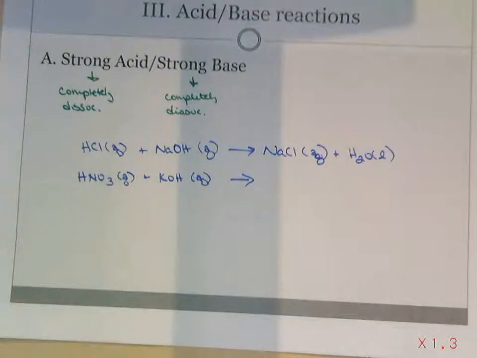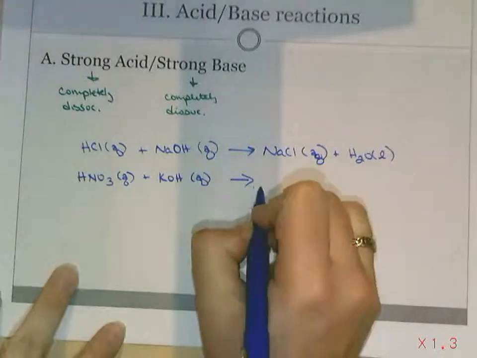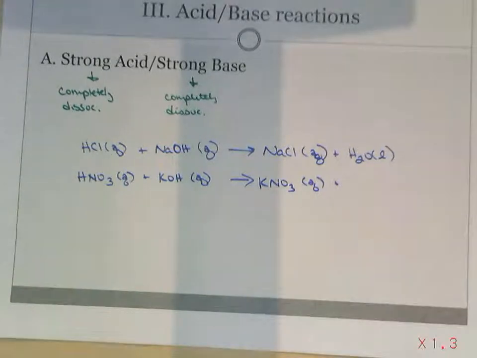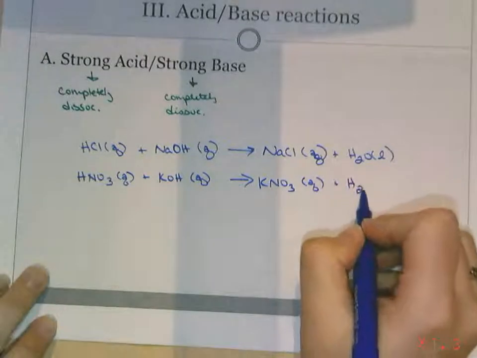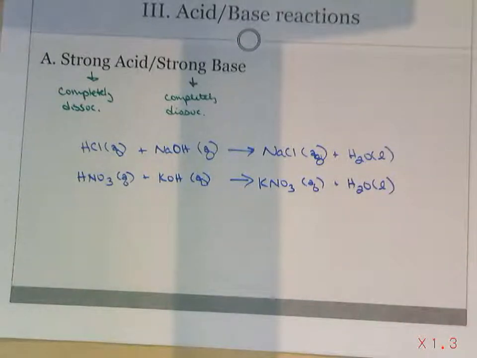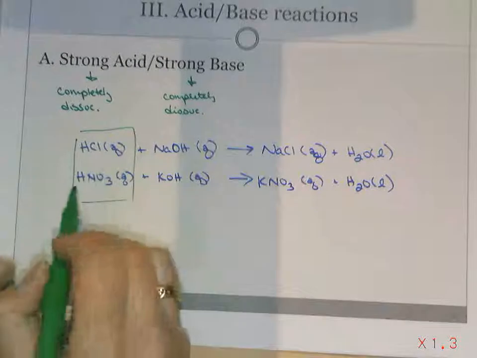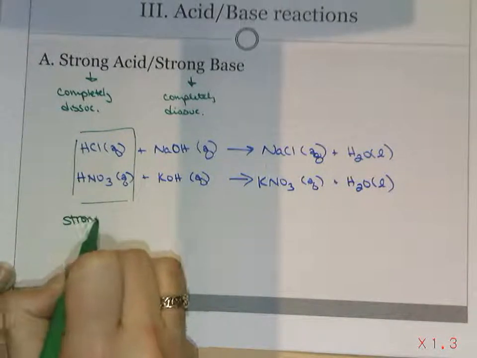All right, so let's say I have nitric acid and potassium hydroxide. What is one product that will be made? Okay. Potassium nitrate. And what's left? All right, so in both these cases, I had strong acids reacting with a strong base.